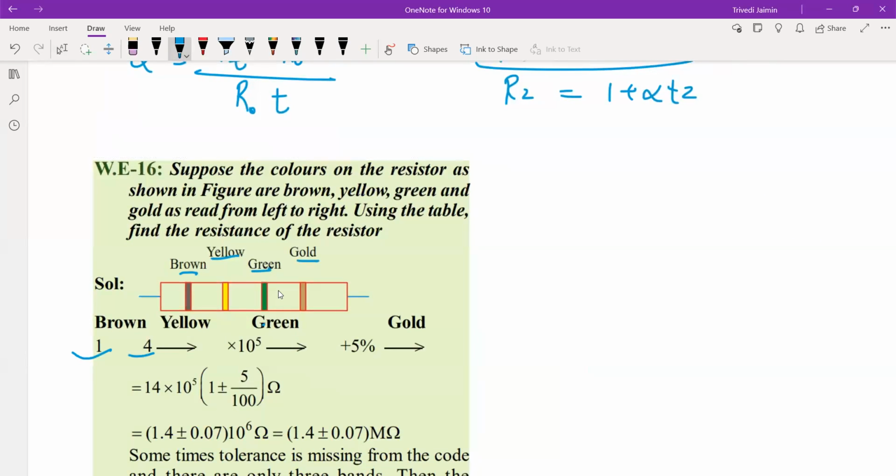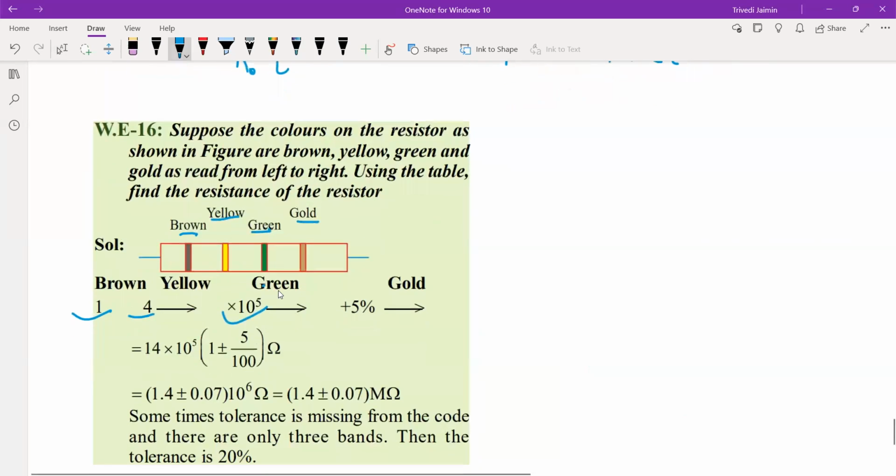Green is the multiplier, 10 to the power 5. First digit, second digit, multiplier, and percentage. So 1, 4, 10 to the power 5, plus or minus 5%.